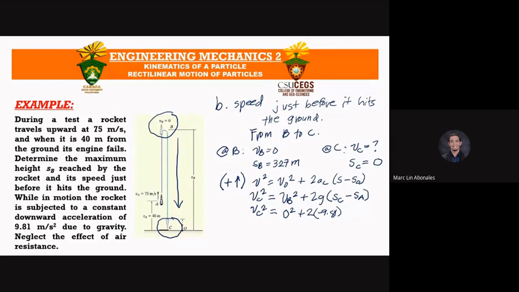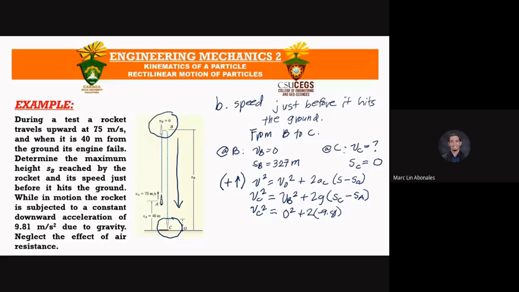Since upward is still positive, gravity is still negative 9.81. So SC is 0 minus, oh no, SA. That would be SB, because we use B and C. So that would be 327 meters. Okay?